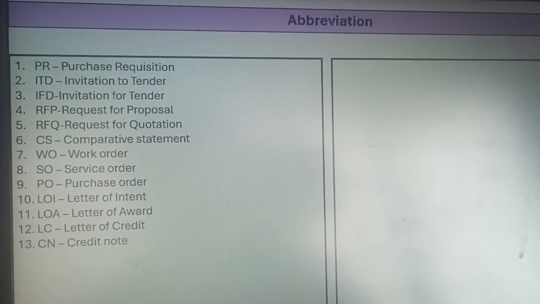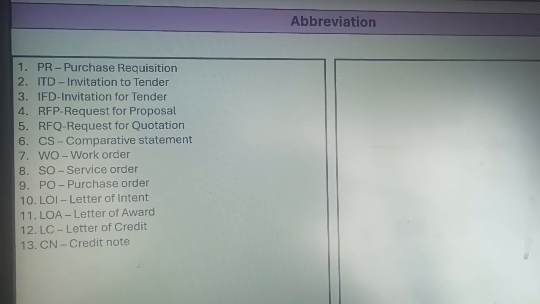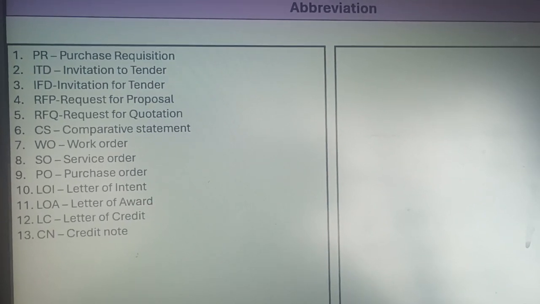In this context, the contractor gives a credit note to the buyer.